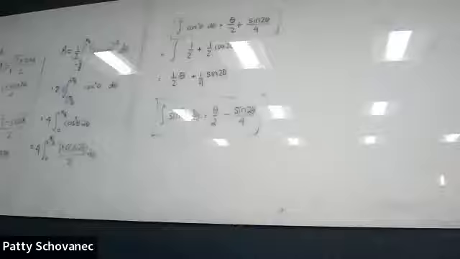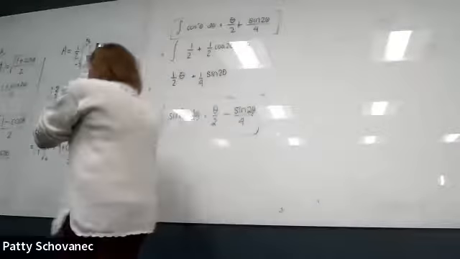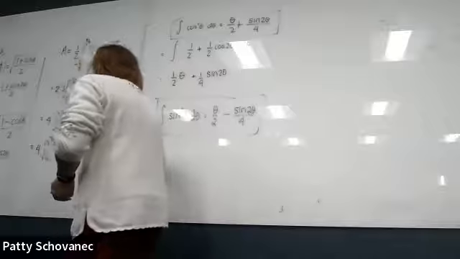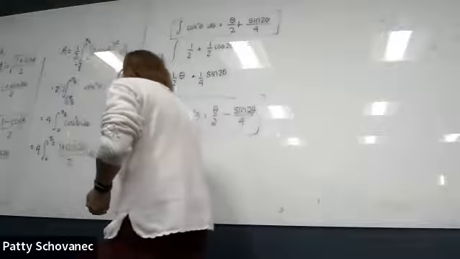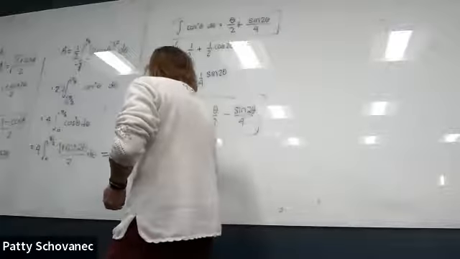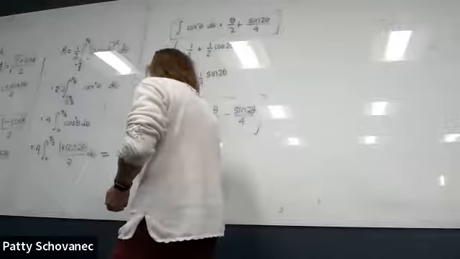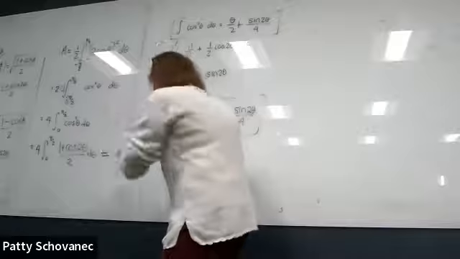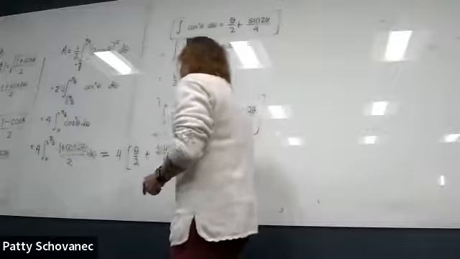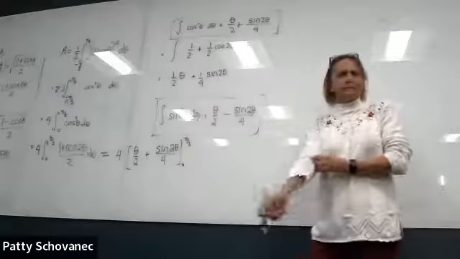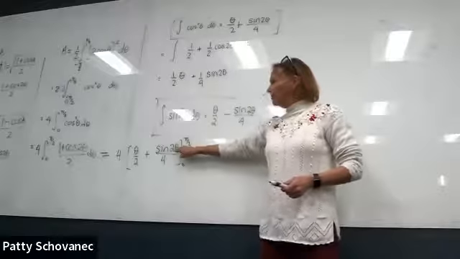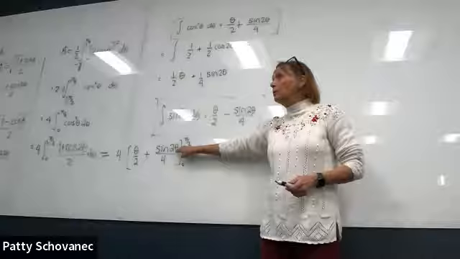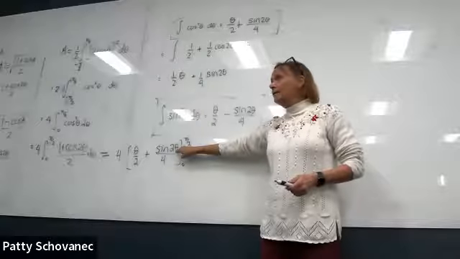Now we got to be a finisher. We have 5 minutes to get pi radians out of this. So here we go. Integrate this, and I get 4 times theta over 2 plus the sine of 2 theta over 4, to be evaluated from 0 to pi halves. I'm going to do the trig function first. I put pi halves here and multiply it by 2, and I get pi. What's the sine of pi?